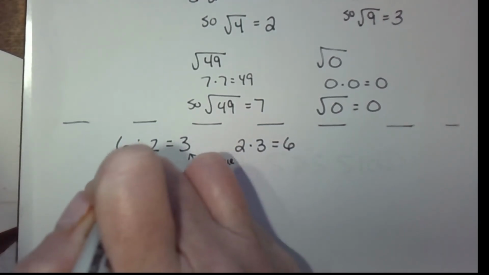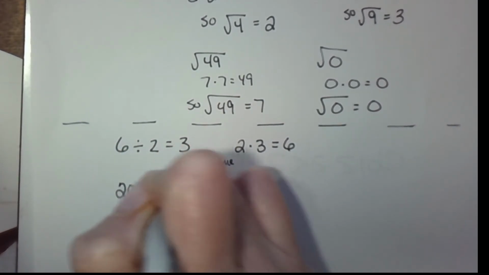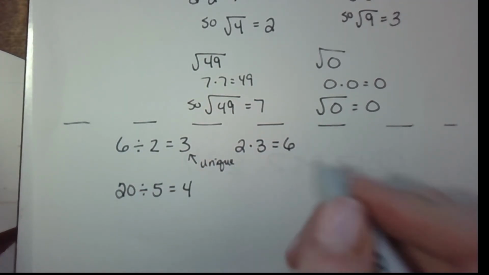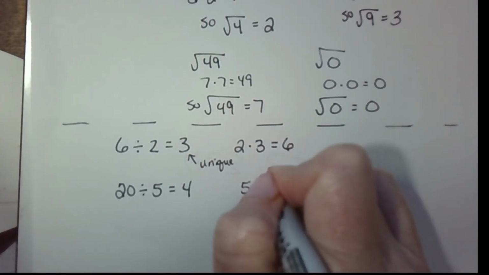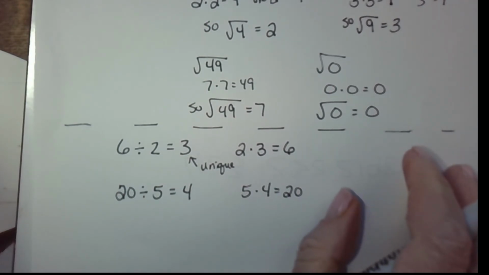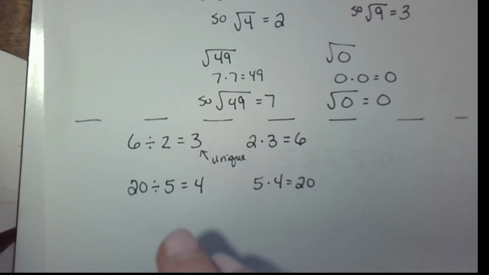Let's try another one. Let's do 20 divided by 5 equals 4. Okay, that's true. We'll check that with multiplication. 5 times 4 is 20. Sure, that works. Now, what happens though if we have 0?